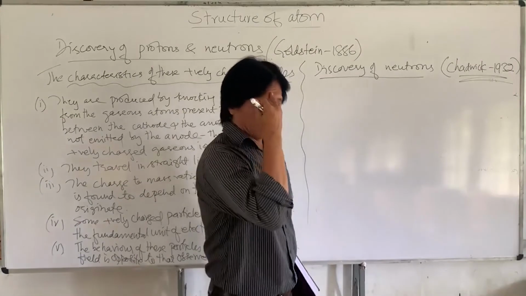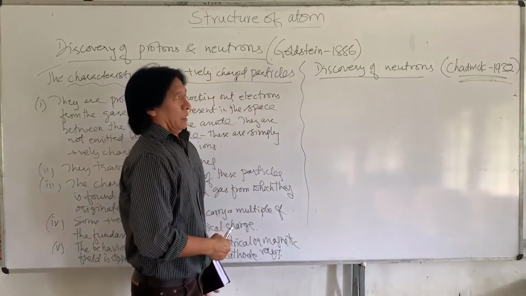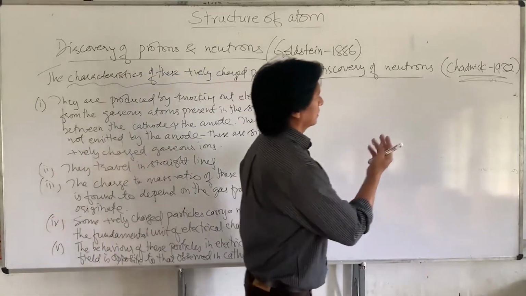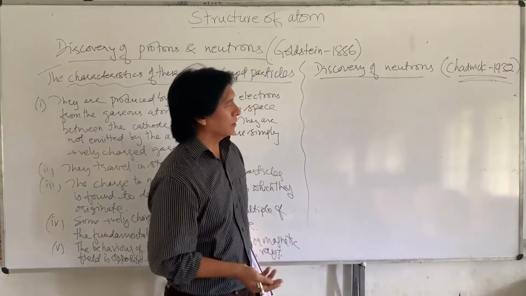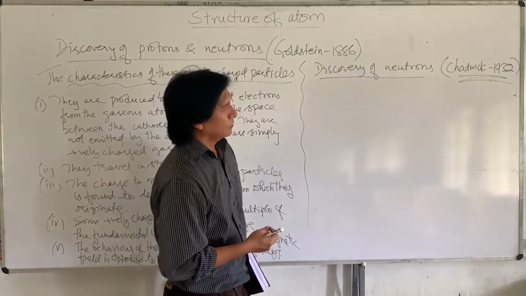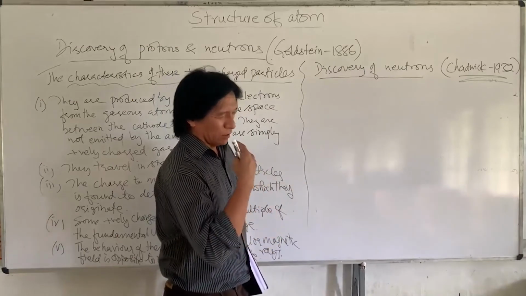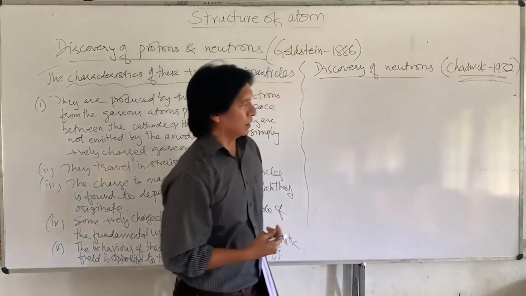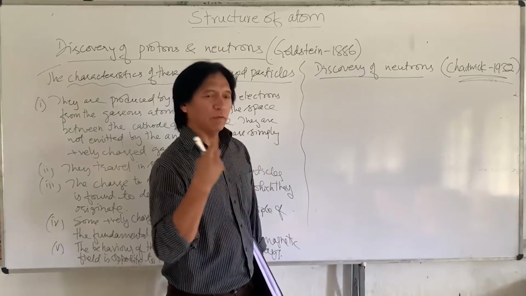And these neutrally charged particles were discovered by the scientist named Chadwick sometime in 1932. Instead, he bombarded thin sheets of beryllium with very fast, high-speed alpha particles.